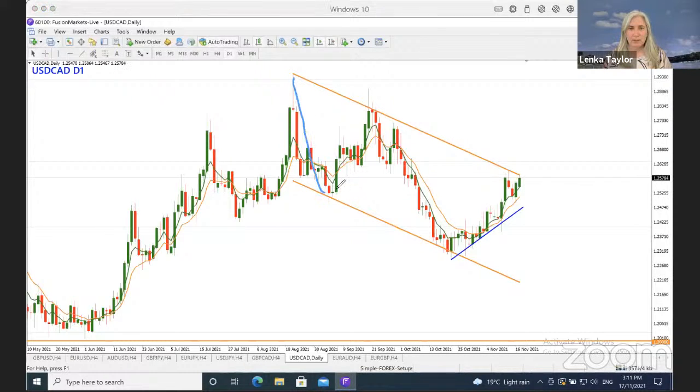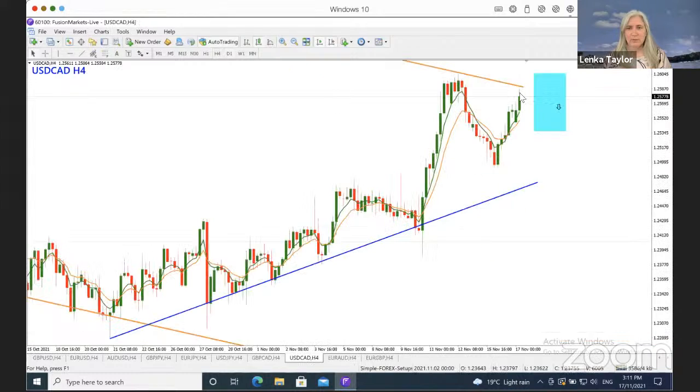So I'm looking at this, and that's the second one. So if that continues, then I'm obviously looking for a short there, like that. So that's the daily pattern that I'm looking at. But the entry would be on the 4 hourly if there is a reversal. If not, then let's reassess next week.